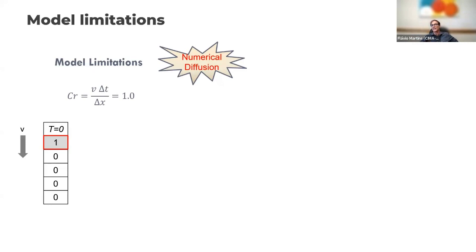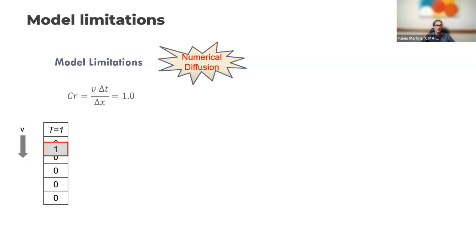We just have advection. And imagine the Courant number is 1. As I said, if the Courant number is 1, in 1 delta t, the particles will move exactly 1 delta x, so the space of 1 cell. So if t equals 0 in this situation, when t equals 1, the water will move exactly 1 cell.